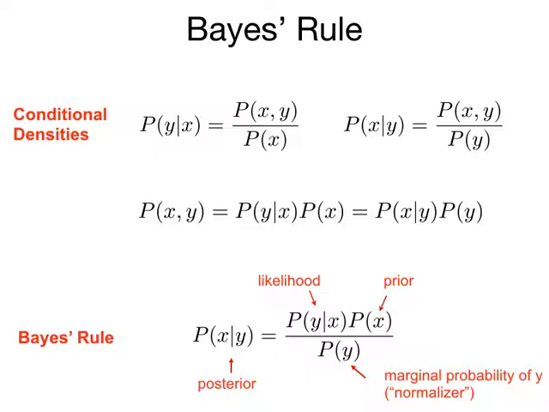So x could be something like ones and zeros or heights in a population. Theta can be something like the model parameters, and I can use this rule to describe the probability of my model parameters given some data. That's the goal of Bayesian statistics. What's the probability that the mean height of my population was actually 5'8"?